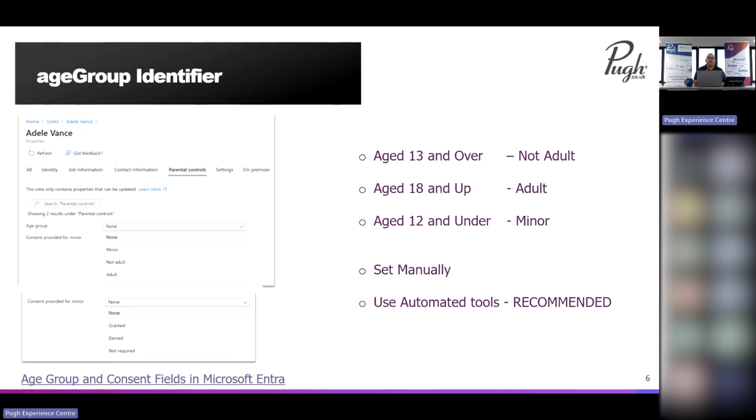You can do it manually, but because you need to do this at least once a year for year 8 or year 9. You could set everybody in year 9, I reckon, in as not adult, but you might need to do some PowerShell, or you might have to use something like school data sync.